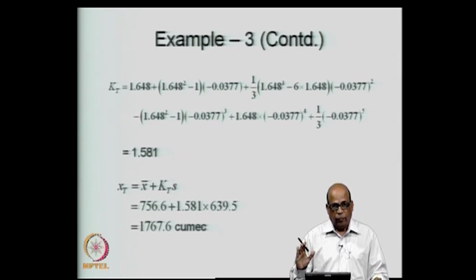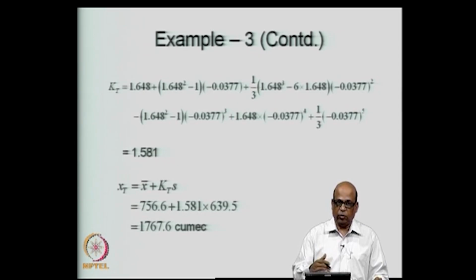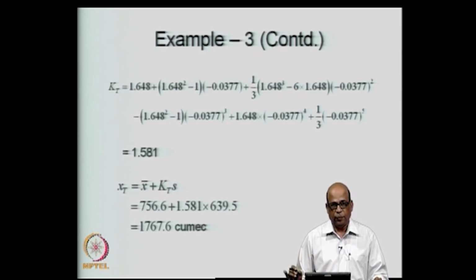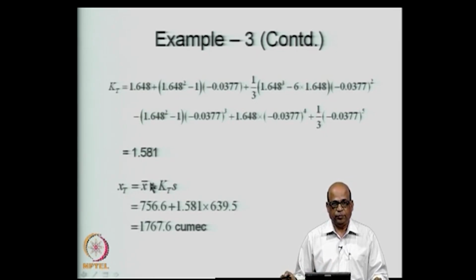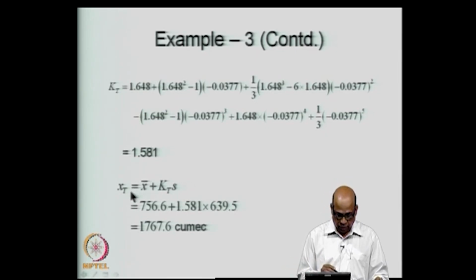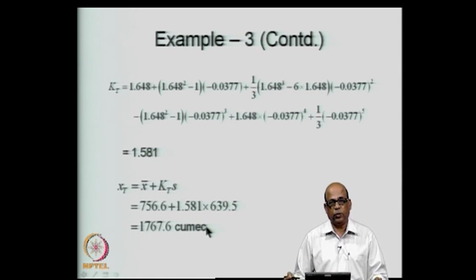So, once you fix the distribution and the return period, you must have expressions to determine kT, which I have just provided for 3 distributions, normal, extreme value type 1 and the log Pearson type 3 distribution. Once you know the kT factors, the expression still remains the same, xT is equal to x bar plus kT into S. So, we obtain xT as 1767.6 cubic meters per second.